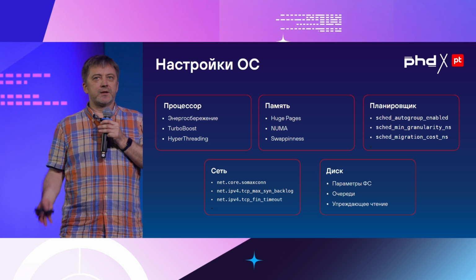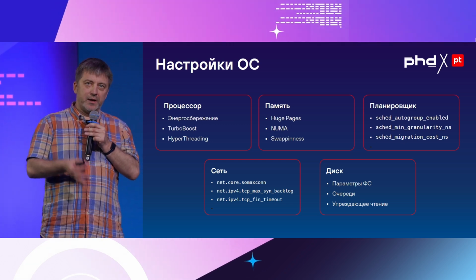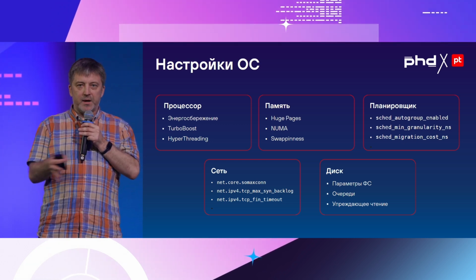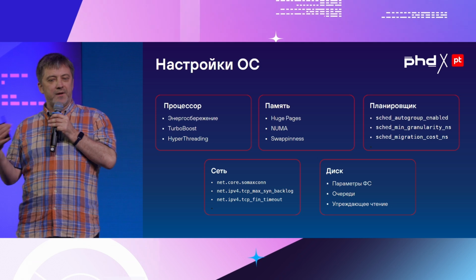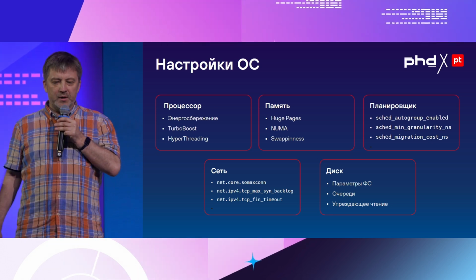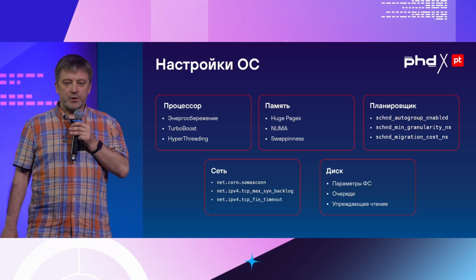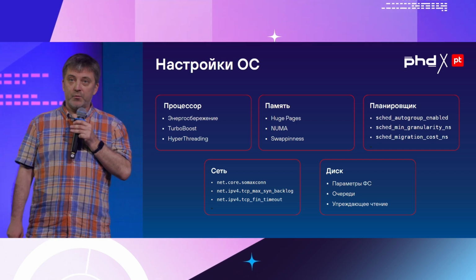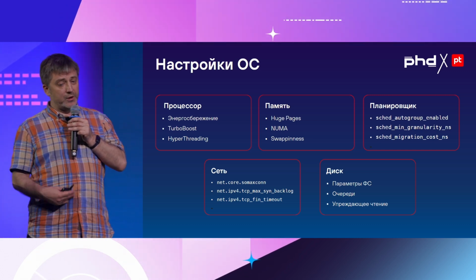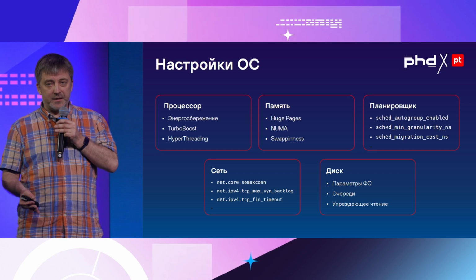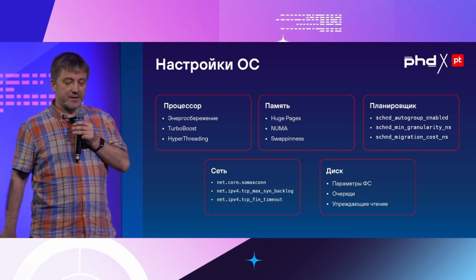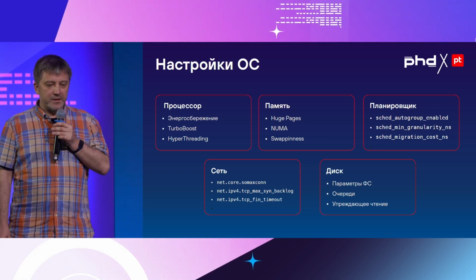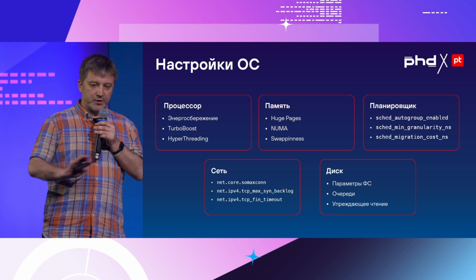And in terms of memory, there are lots of fine things related to NUMA, memory architecture, swappiness. The scheduler has a lot of settings. I've only given three here. In fact, there are dozens of them. And they all can affect the performance, sometimes changing performance by a factor of 10.